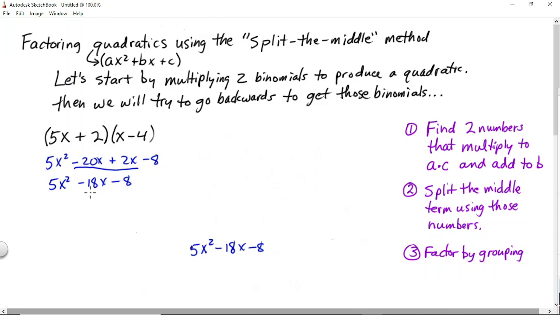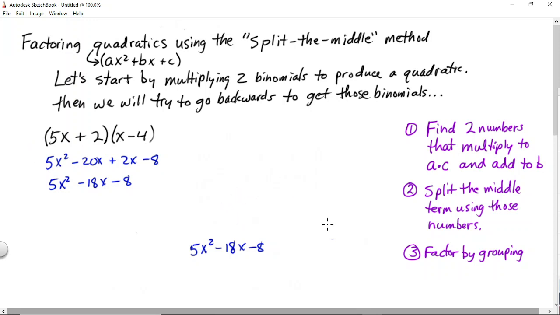And they have to add to negative 18x, or negative 18, so we can split the negative 18x into those two terms. And then once we do that, we do something called factoring by grouping. And that will take us from this step to this step. Okay, so let's see if it can make this work.